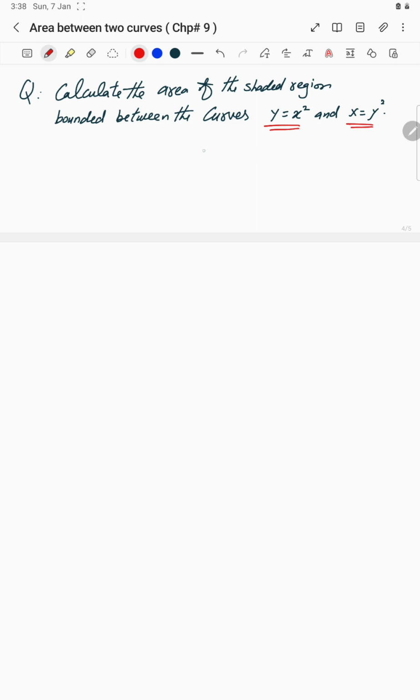So we can first draw it. It's better to draw it first, a rough sketch is better.